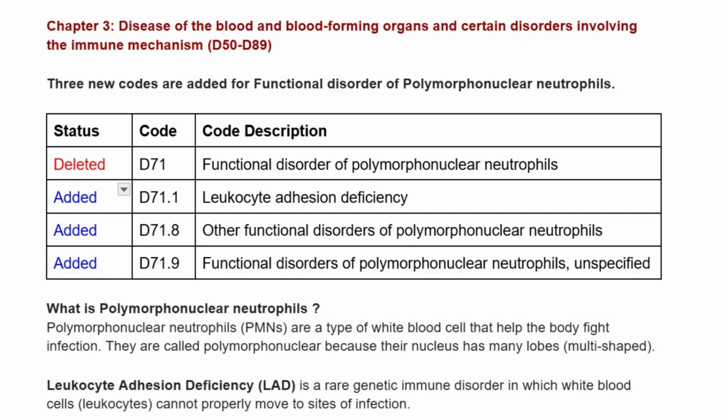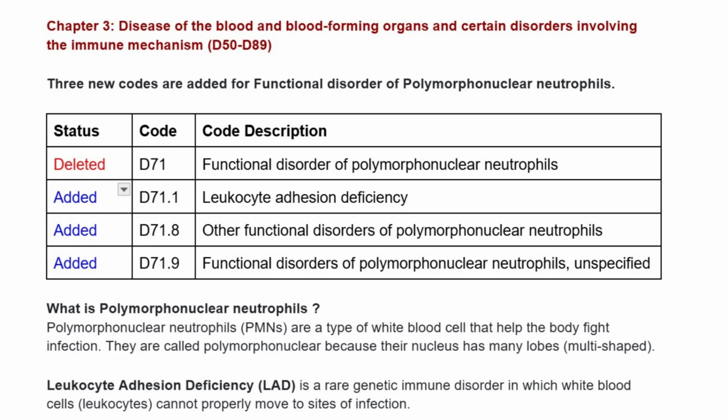Let's know this in detail. Now, what are polymorphonuclear neutrophils? These are a type of white blood cell, very important for fighting infections. We call them polymorphonuclear because their nucleus has multiple lobes or many shapes. One of the new conditions is leukocyte adhesion deficiency, LAD.